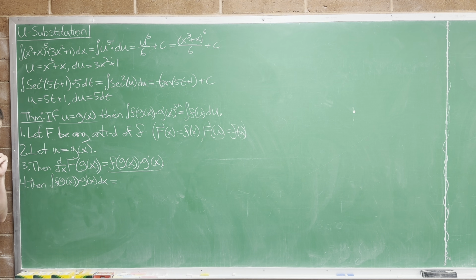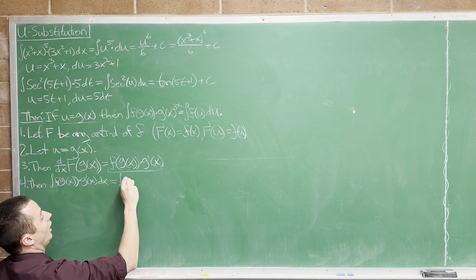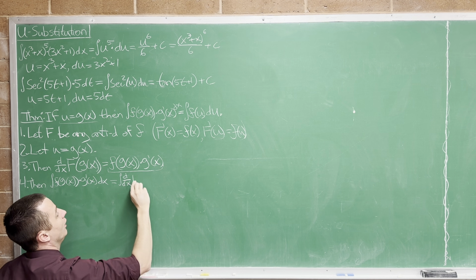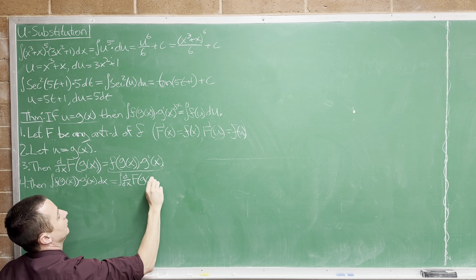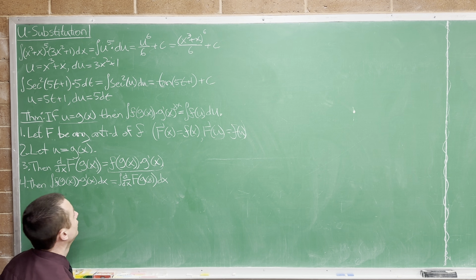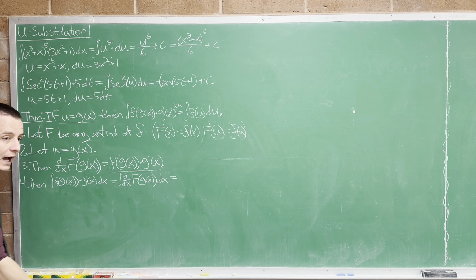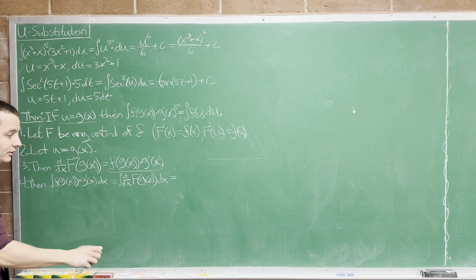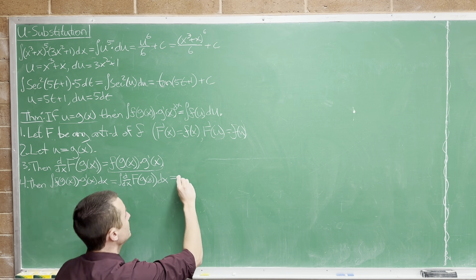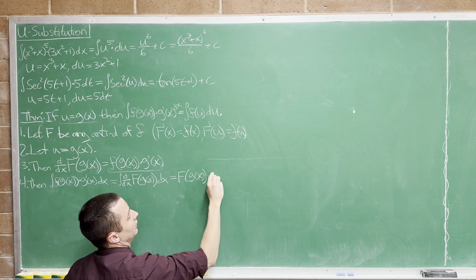So this is the same thing as the integral of the derivative with respect to x of big F of g of x, with respect to x, right? And that is equal to, our fundamental theorem of calculus is that integrals and derivatives undo each other. And so that just gives us big F of g of x plus some constant.